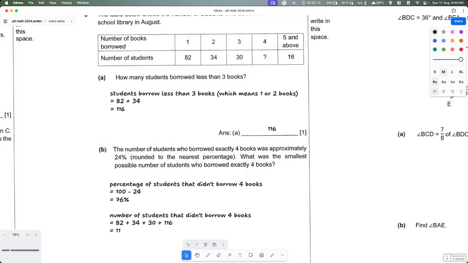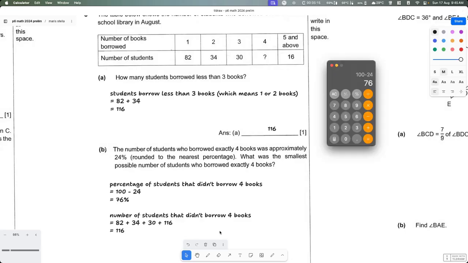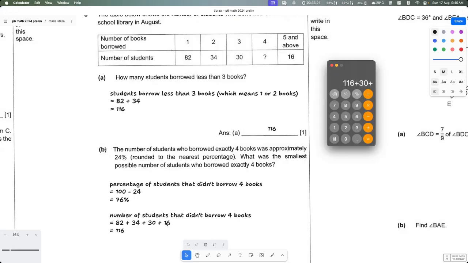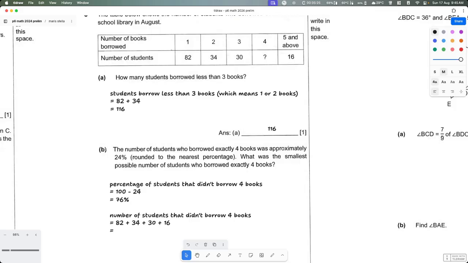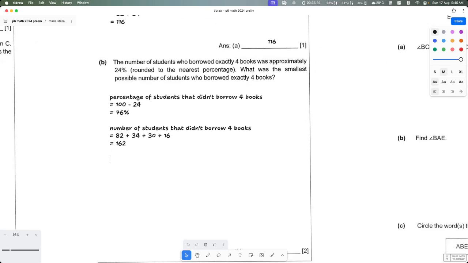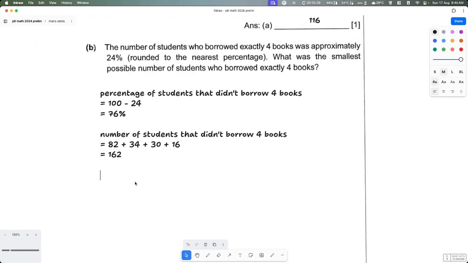We know 82 plus 34 is 116, then plus 30 plus 16, and this will give us 162. Let me double confirm again. 82 plus 34 plus 30 plus 16, 162. Very good.